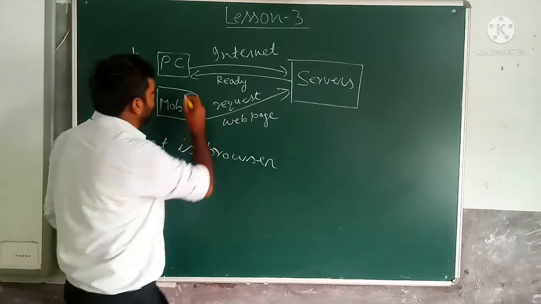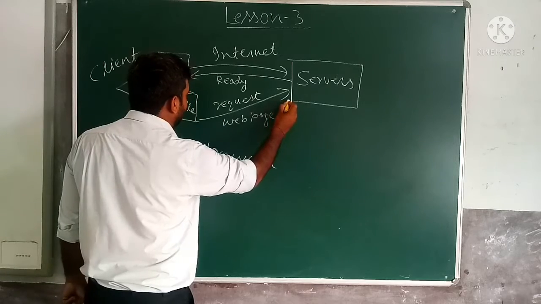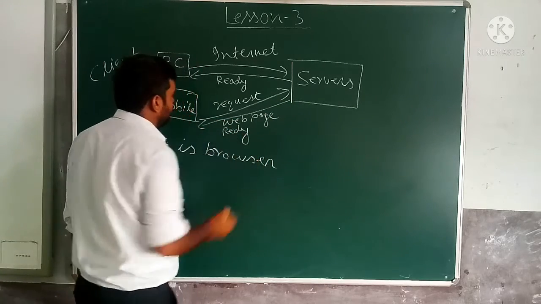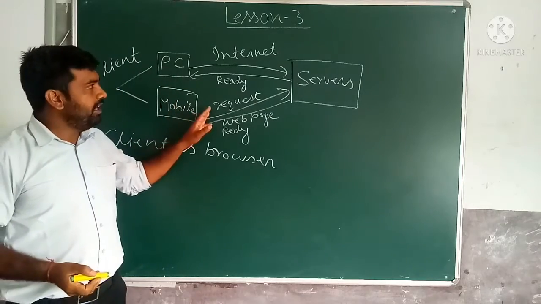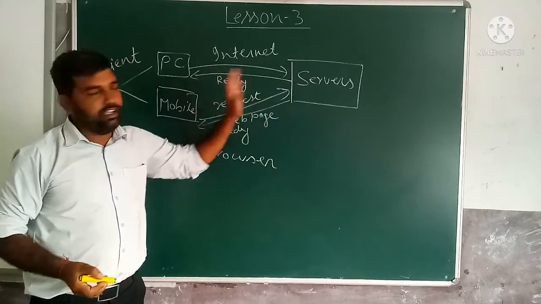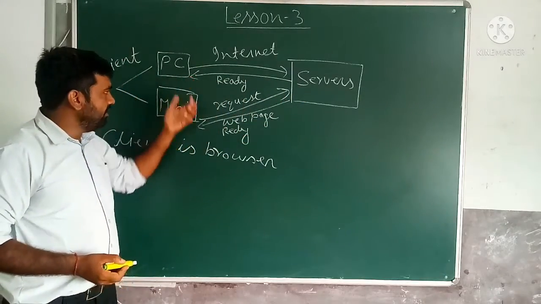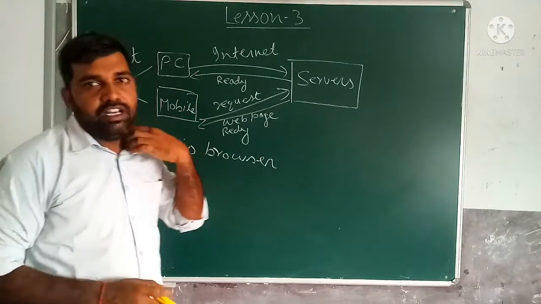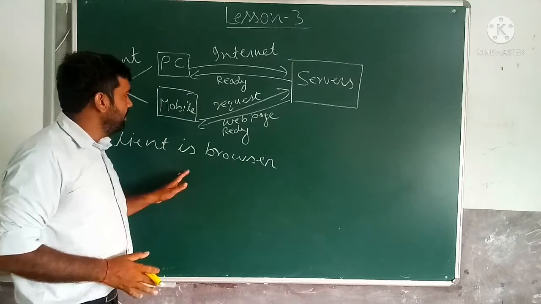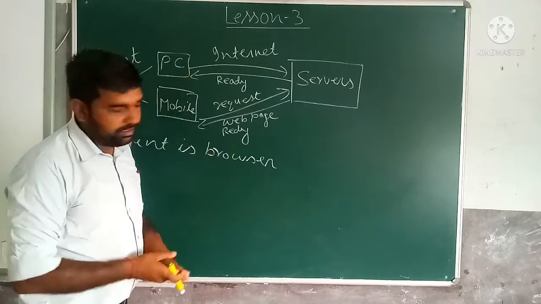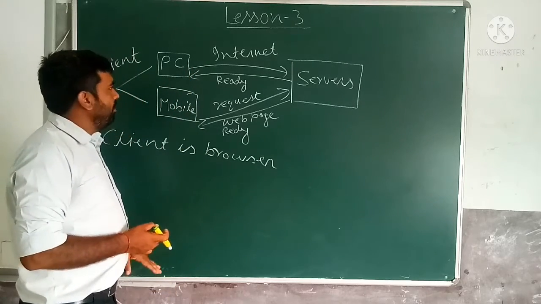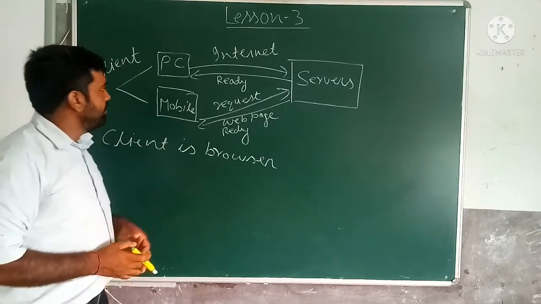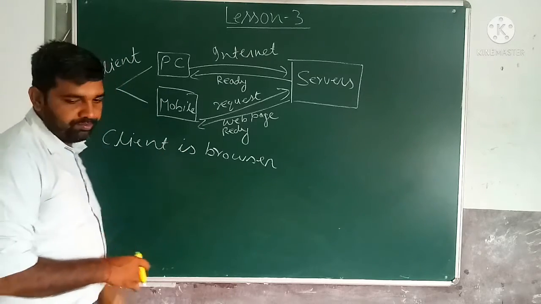After getting this ready signal, the client will get ready, and after that the server will start sending the HTML file. After getting that HTML file, the browser will execute it, run it, and create the web page which you see on the mobile screen or on the personal computer. So this is the method of accessing websites from the server with the help of the client.